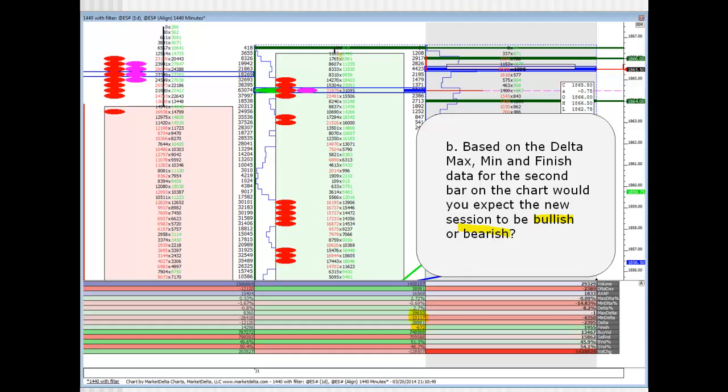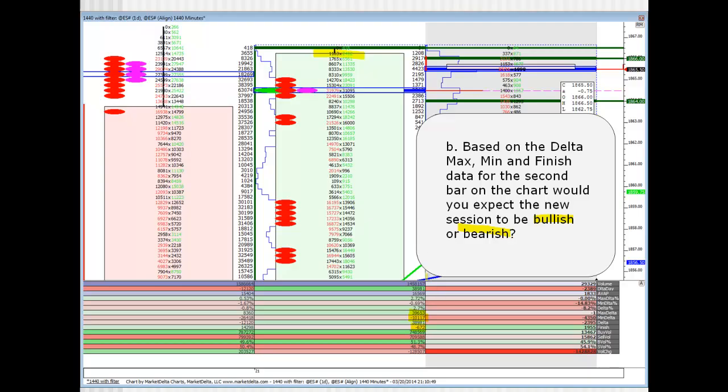And they encountered a little bit of selling, ever so little, minus 672, relative to a max delta of 39,653. So this is a very bullish close. Also look at how we closed one tick below the high and one tick below the value area high.